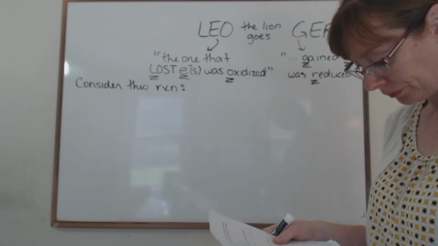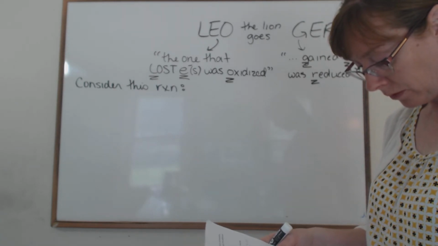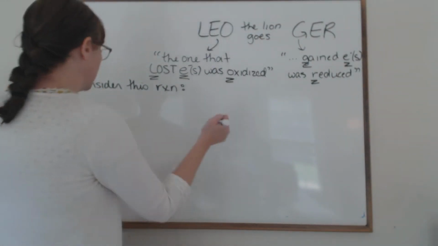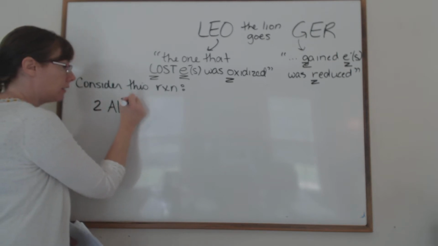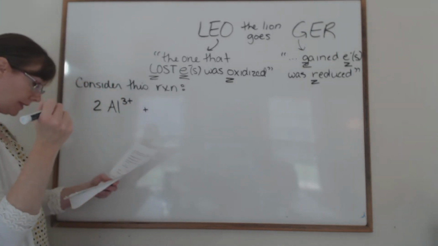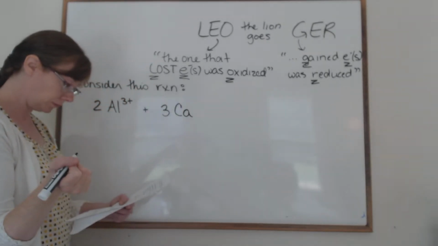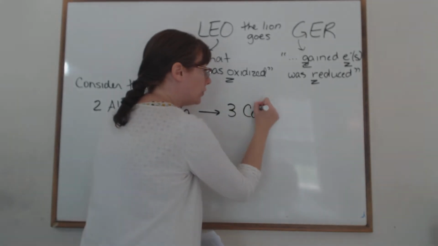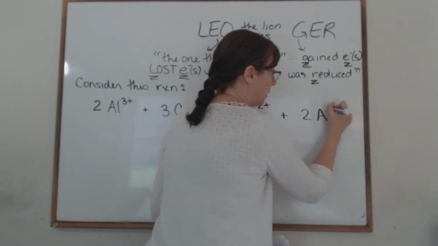Let's consider this reaction. 2 Al3+, I'm even going to leave phase labels out of this, plus 3 Ca goes to 3 Ca2+ plus 2 Al.